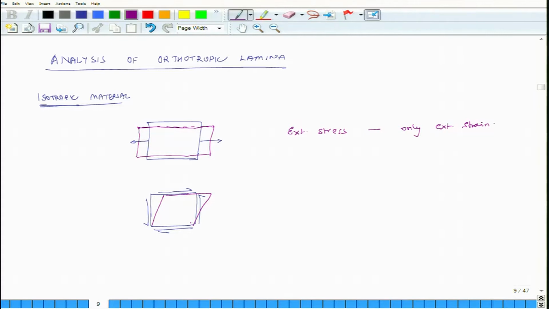So, the thickness and the length of the object do not change. So, shear stress generates only shear strain. This is the observed behavior of isotropic materials.